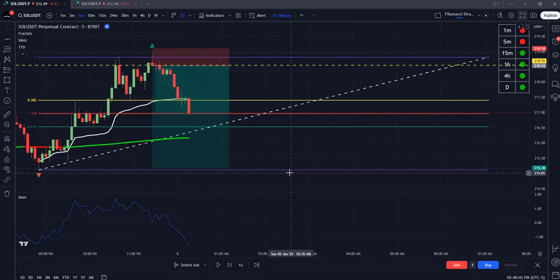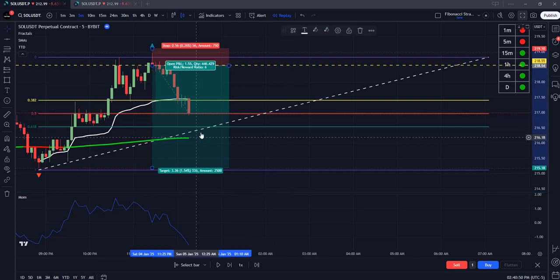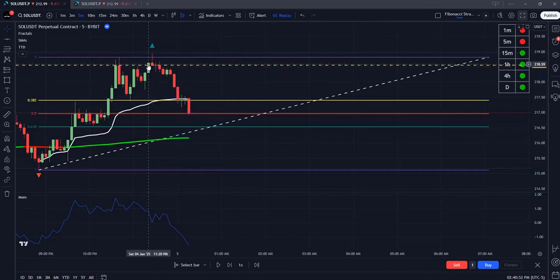But the other reason I believe I knew that it was going to be a good trade is that when it was up here, the momentum was pretty high, and I had a feeling it was going to come down.